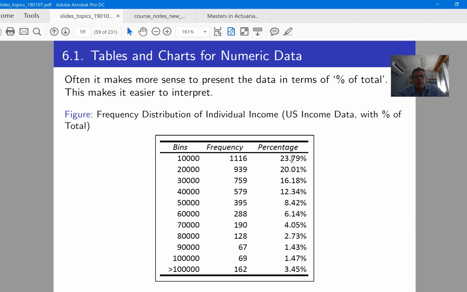When we talk about 23% of people earning less than 10,000, essentially that means if I came along and randomly picked one of the people from this big data set, just randomly picked one of their names out of the hat and asked what their income was, there'd be a 23.79% chance that I'd find someone with an income of less than 10,000. There'd be a 2.73% chance that I'd find someone with an income between 70 and 80,000, etc. So these are actually probabilities.